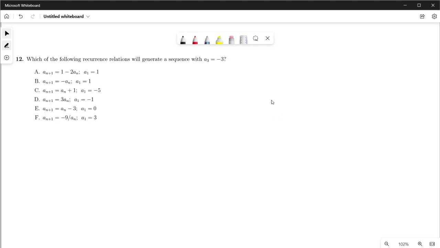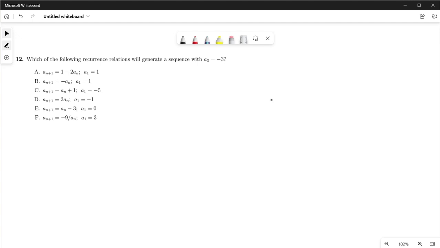For question 12, we're given 6 different sequences, and we need to find which one produces a third term of -3. Similar to question 11, I will also just list the whole sequence out to the third term and see if it actually reaches there.